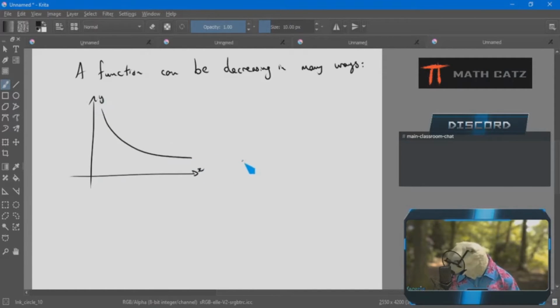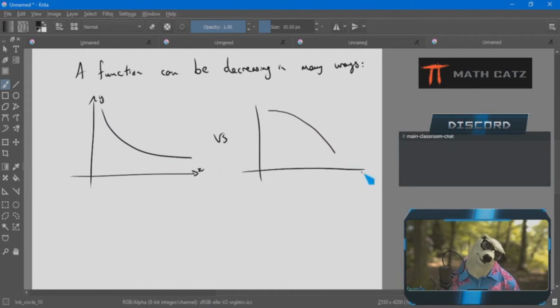I can go downhill and sort of slow down, right? The tangent lines are getting flatter. Or I can go downhill slowly and then speed up. They're both downhill. They're both decreasing, but they are not the same. It's not the same shape. And to be accurate in my graph and my analysis, I kind of want to know, well, which one is happening here?